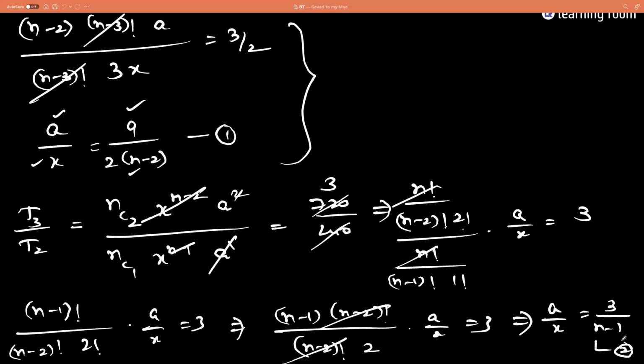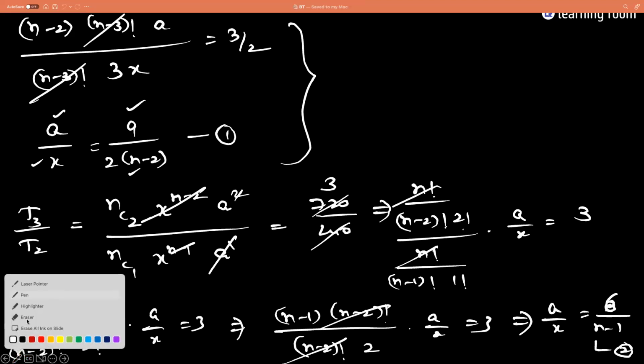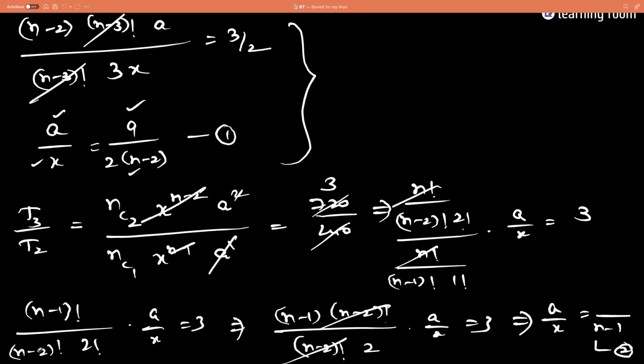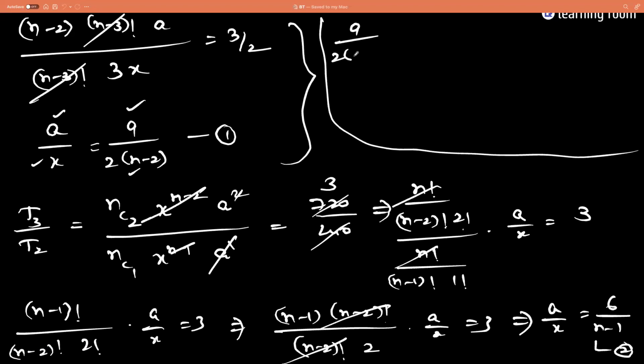3 or 6 are 6 by (n minus 1). Right? So from 1, I have 9 by 2 into (n minus 2) as a by x.